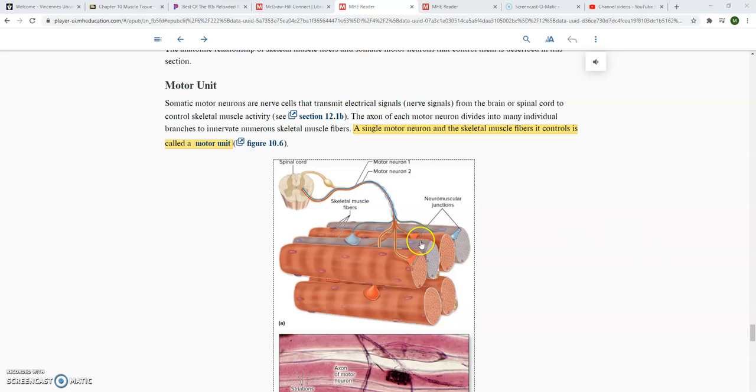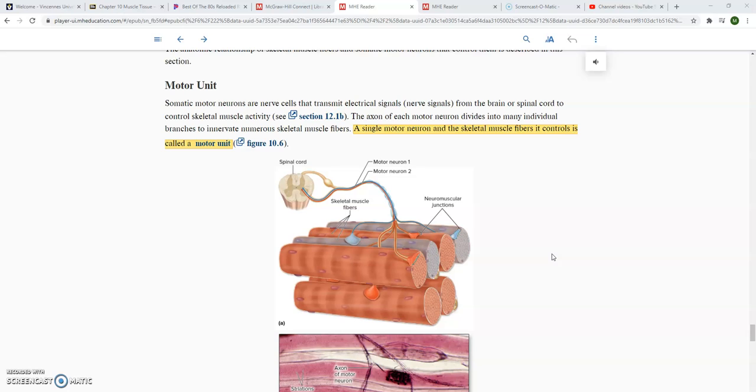Kind of like this, where you have a skeletal muscle fiber here that's innervated by a different motor neuron than this one. We don't want it all in one bunch. We like the wide distribution of skeletal muscle cells to provide the proper contraction in those muscles. So realize that the fibers they innervate are dispersed throughout that muscle.